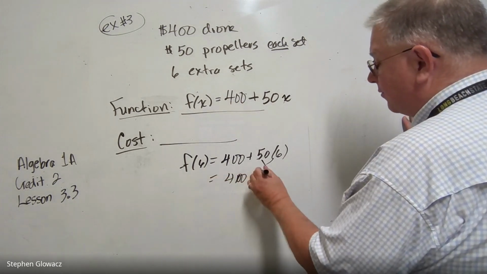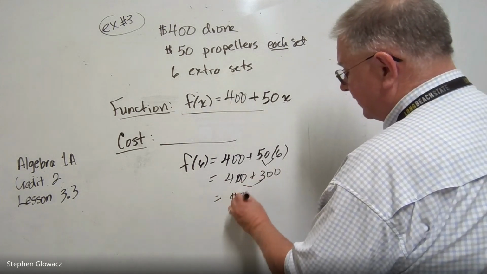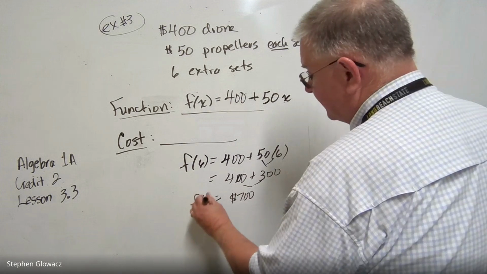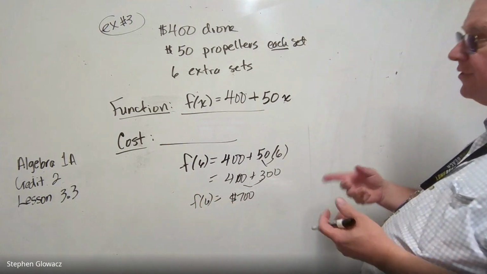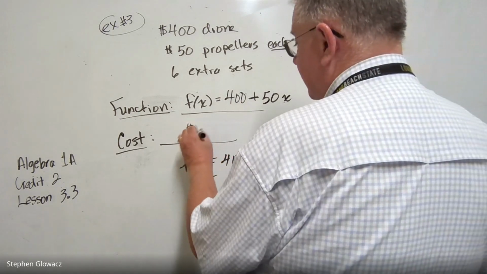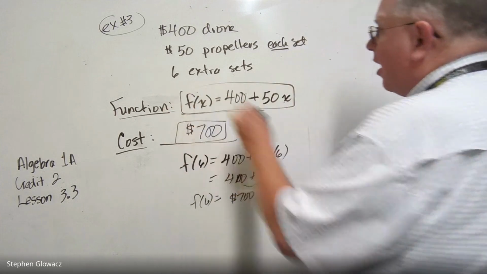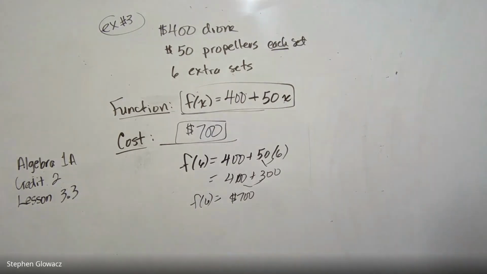And then we add 400 plus 300, and that's $700. So f of 6, meaning the cost for the drone and 6 extra sets of propellers, is $700. And when you have that answer, you put it on the cost line. All right, very good. So that is our example for number 3.